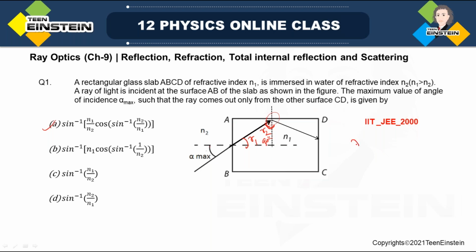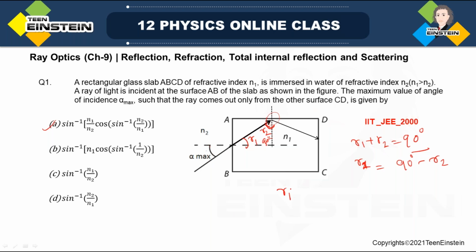So you will get R1 plus R2 is equal to 90 degrees. Now we need to find what R1 or R2 is. R1 depends on the value of R2. If my alpha max, this becomes max, this also will become max.